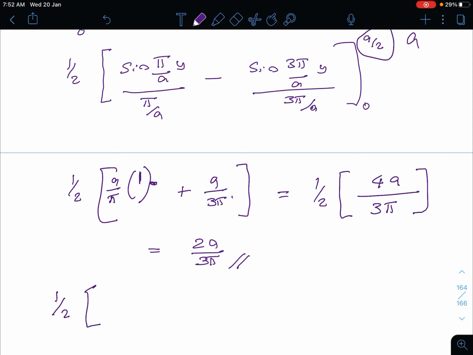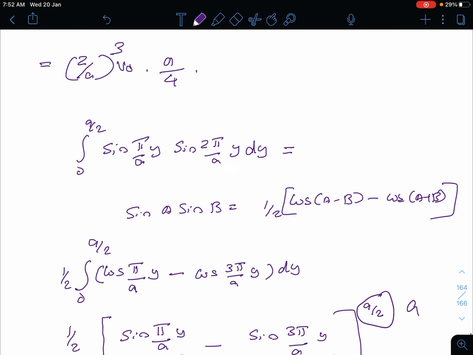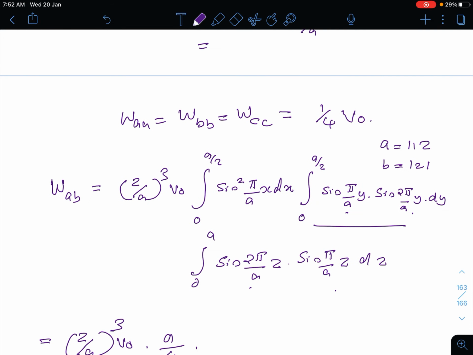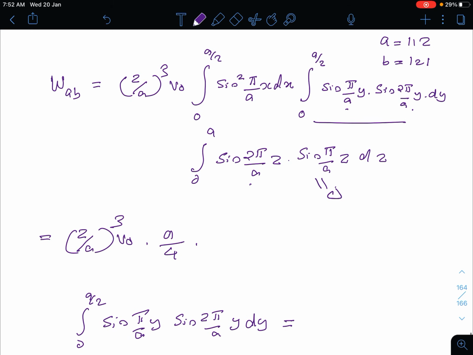The first term would be simply sine pi a by a, that is sine pi, that is obviously 0, minus, again I put a, so sine 3 pi, that's also 0. So obviously that would be 0. Clear? So the last term of this integration is 0. So something multiplied by something and again multiplied by 0, that would be 0.